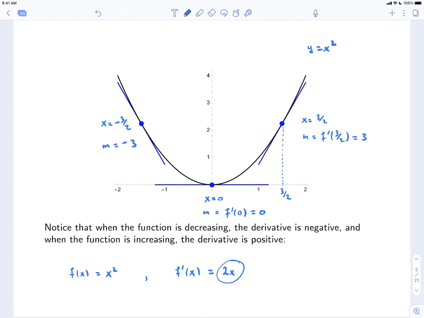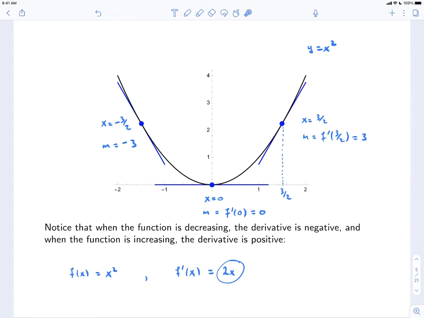One thing that you'll notice is that to the left of the y-axis, all of the slopes are negative because x is negative. To the right of the y-axis, all of the slopes are positive because x is positive. You'll also notice that the slopes are negative on intervals where the function is decreasing, and the slopes of the tangent lines are positive on intervals where the function is increasing.